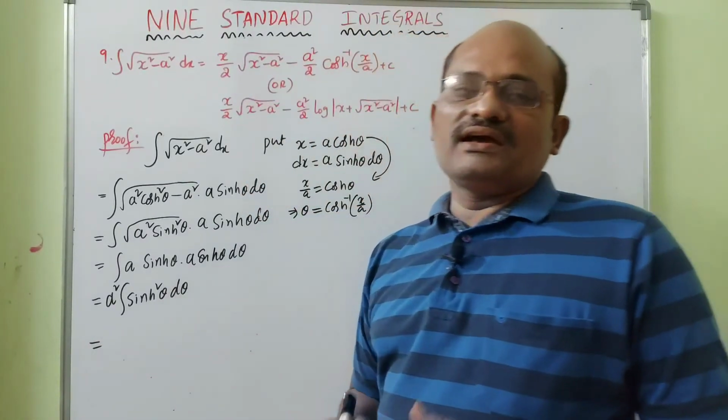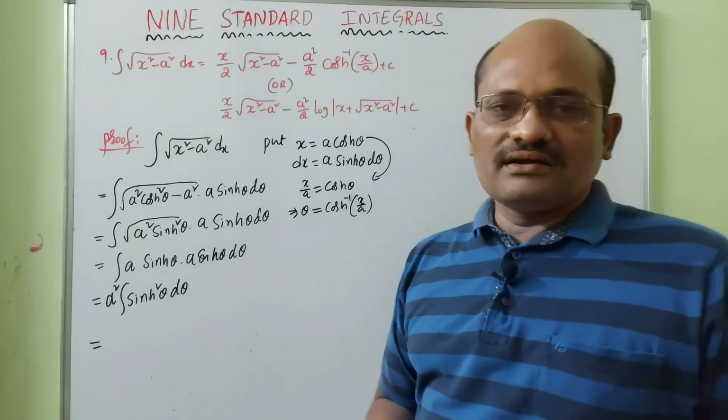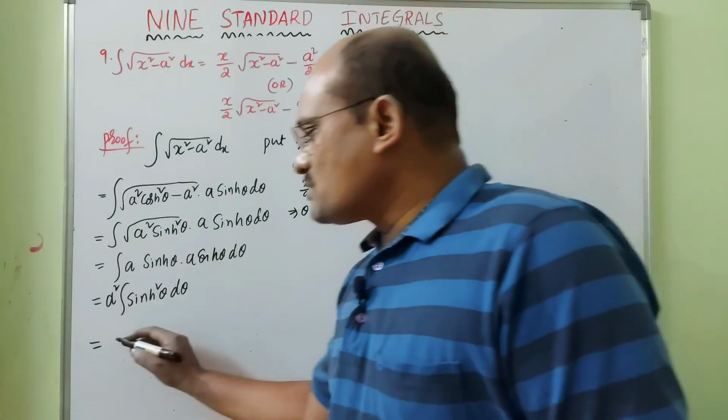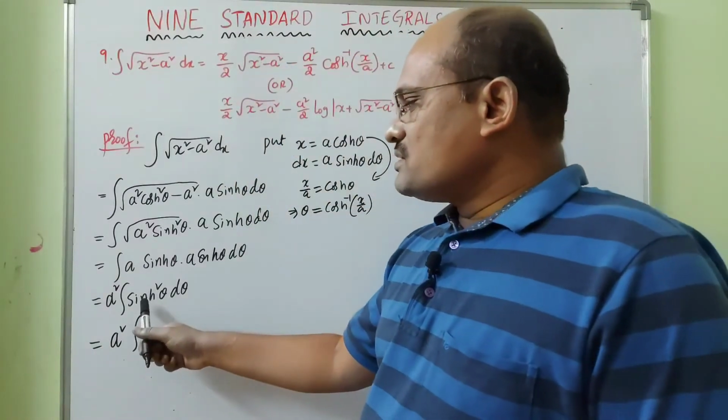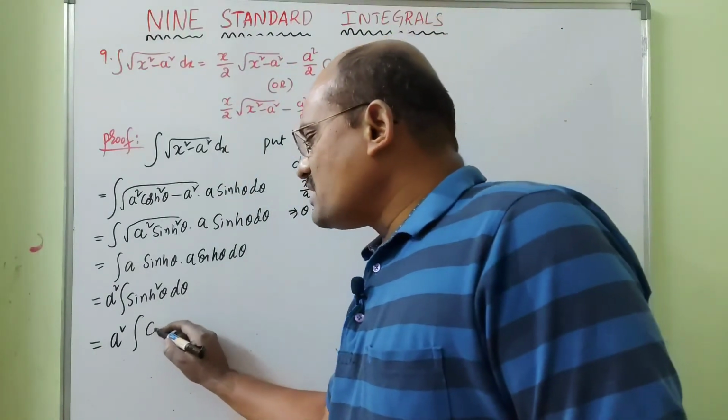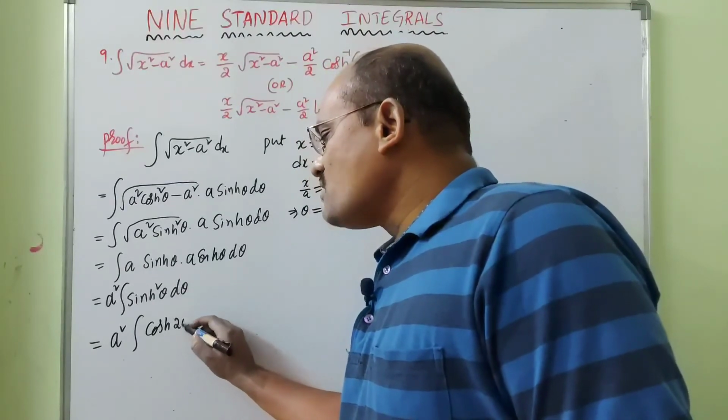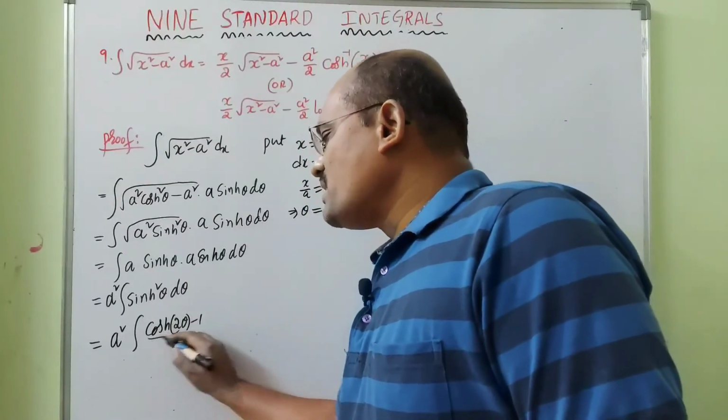We don't have integration for sinh square theta directly. So convert by using hyperbolic functions formulae. Sinh square theta can be written as cosh of 2 theta minus 1 by 2.